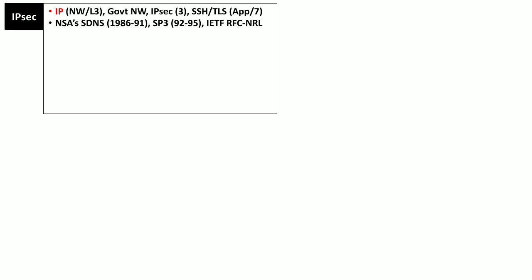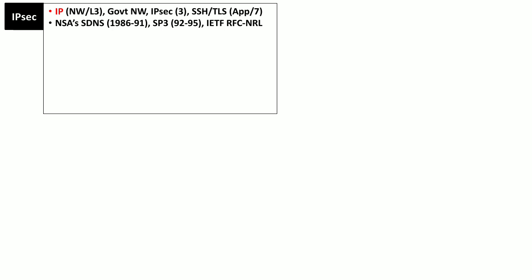A part of these security protocols, certain security protocols at layer 3, were further enhanced and improved by various stakeholders from 1992 to 1995.